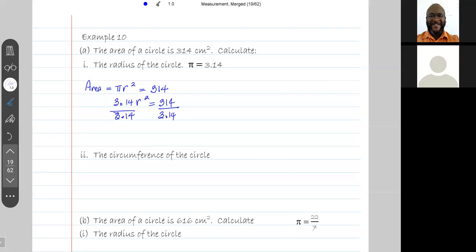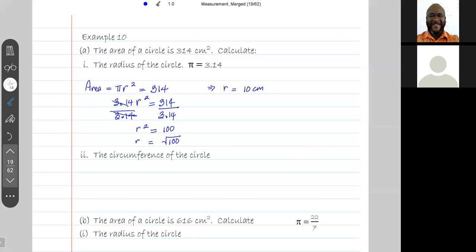And when I do, I'm going to get that the radius square is equal to 100. The opposite of square is square root. So r is the square root of 100. Therefore, r is 10 centimeters. So the radius of this circle is 10 centimeters.